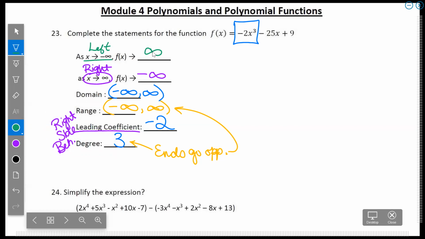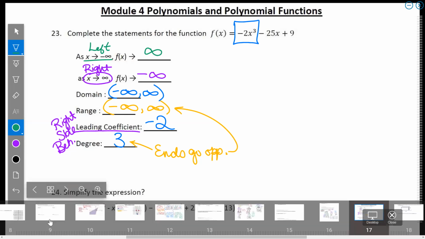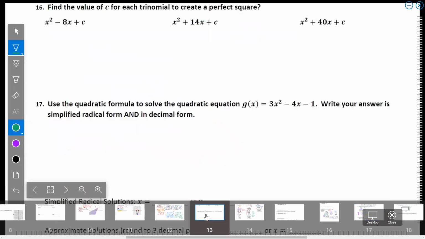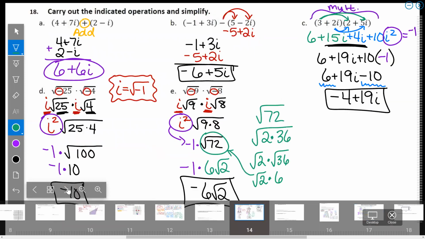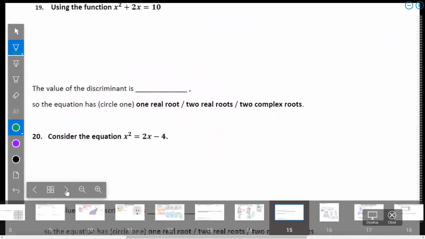All right. Number 19 is going to be the next one that we look at. There we go.